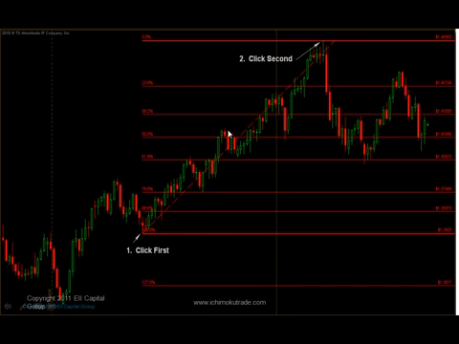See all these little pullbacks right here? Those are all 38.2% retracements, depending on how you view them. So this whole major trend is created from a wave that goes up, pulls back a little, goes up, pulls back a little, goes up, pulls back a little. You can't make money trading from here to there. It's not good money management. You need it to pull back drastically.